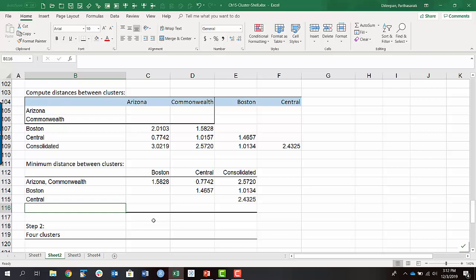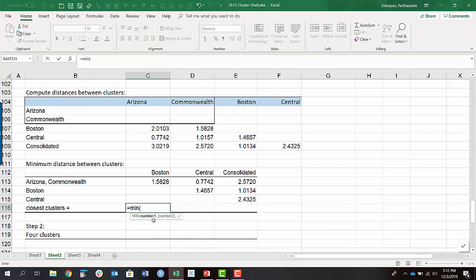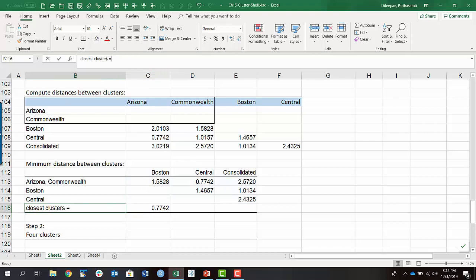The closest cluster distance is that, and that happens to be this.